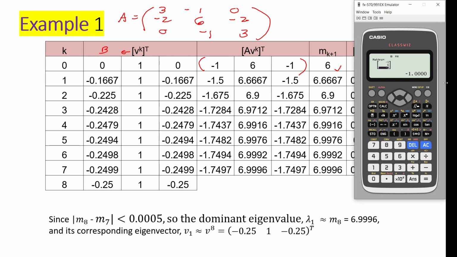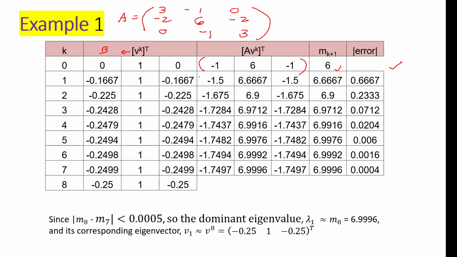Your result is the max answer. The max answer is your AVK here, divided by 6. For MK plus 1, you manually write down 6. So you just take the max answer, divide by 6, and your result, negative 0.1667, is here for k equal to 1. And then 1, negative 0.1667 here.